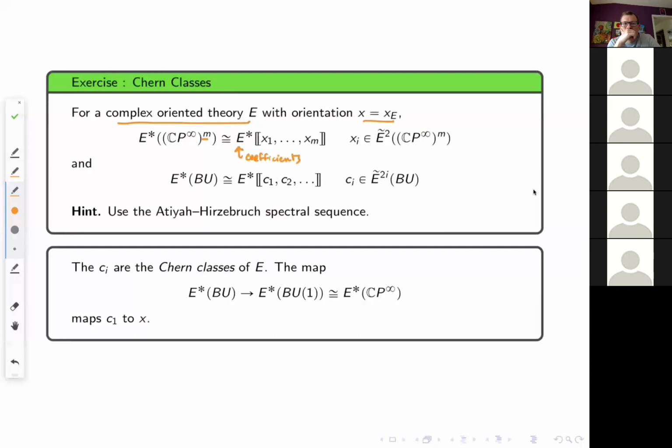And in fact, if you look at the cohomology of BU, you'll get E star power series on classes C1, C2, and so on, where Ci is in degree 2i. That should remind you of the regular singular cohomology of BU, because these Ci's are Chern classes for the theory. Complex oriented theories have theories of Chern classes. That's their jazz.